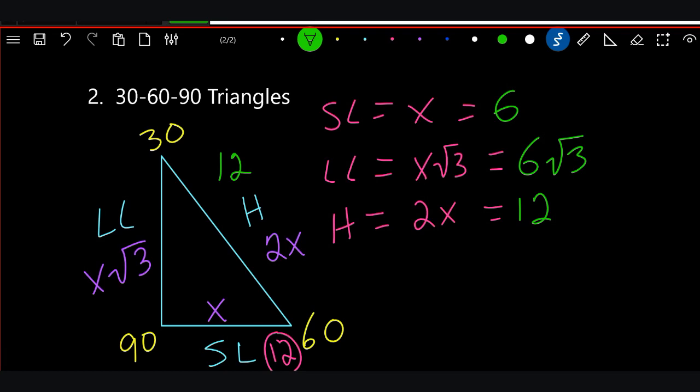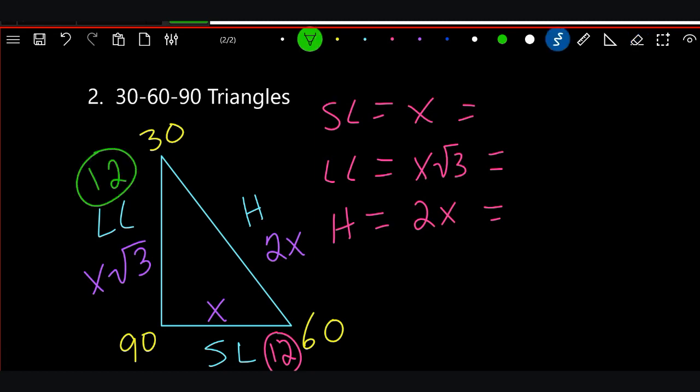Okay. Now we'll do the one that's just a little bit harder. I say it's a little bit harder, and it's not really that much harder at all. So now the long leg equals 12. What we want to do is get x by itself, so we want to divide by square root of 3.